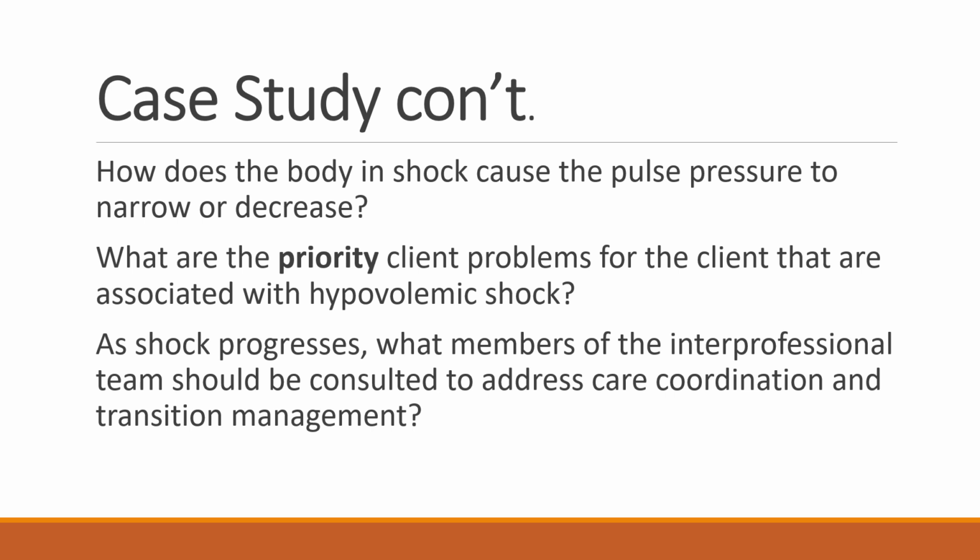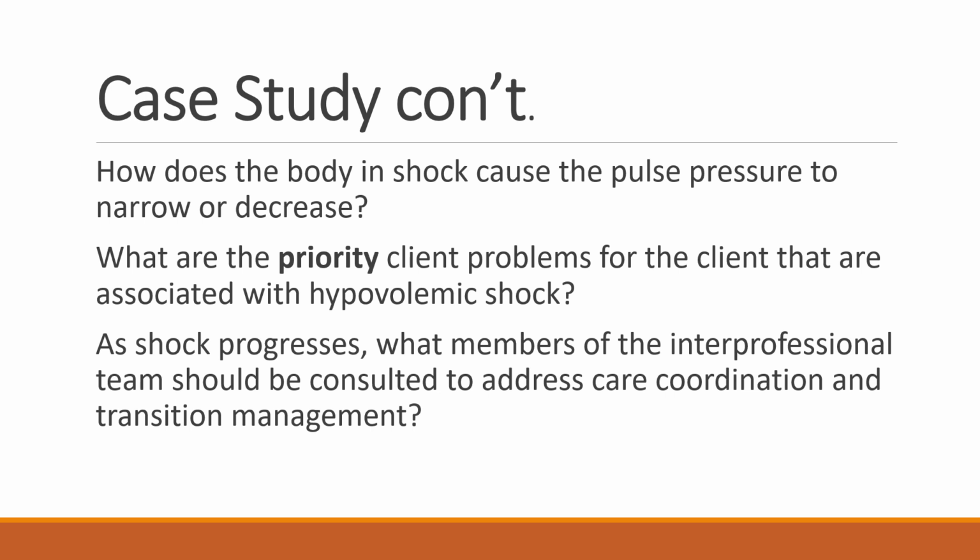Okay, so what are the priority client problems for the client that are associated with hypovolemic shock? Well, we have hypoxia and impaired tissue perfusion. And finally, as shock progresses, what members of the interprofessional team should be consulted to address care coordination and transition management?